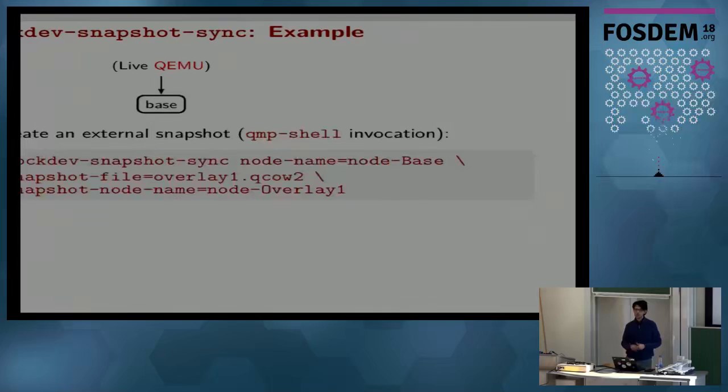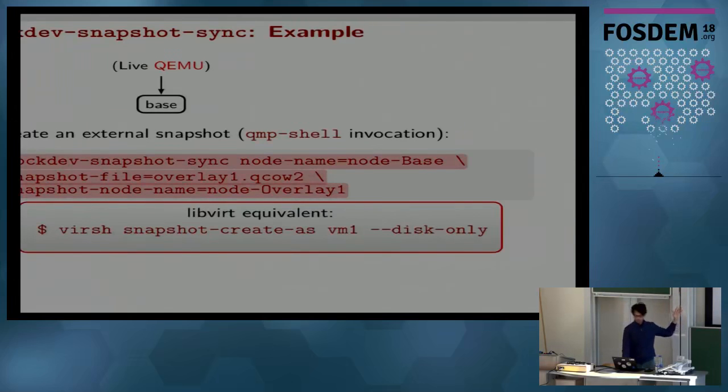To see a quick example, you start with that base image where live QEMU is writing, and you launch the blockdev-snapshot-sync, the synchronized snapshot command, with a bunch of parameters. It will create the overlay. Again, nothing super exciting. And there's a libvirt equivalent of it.